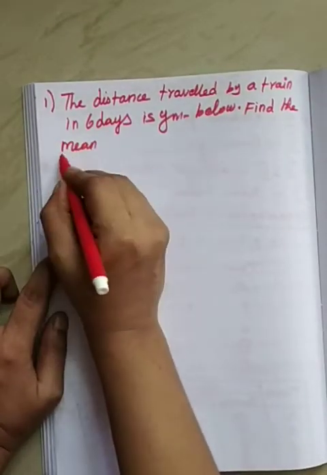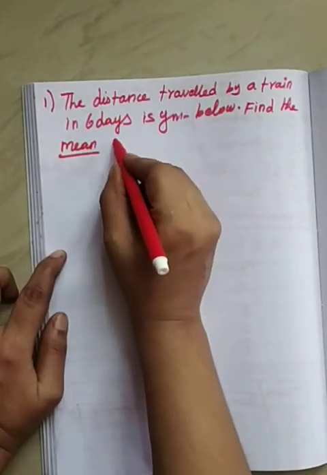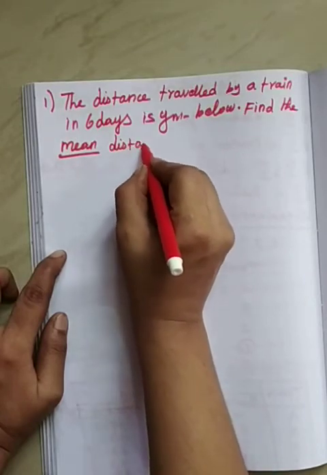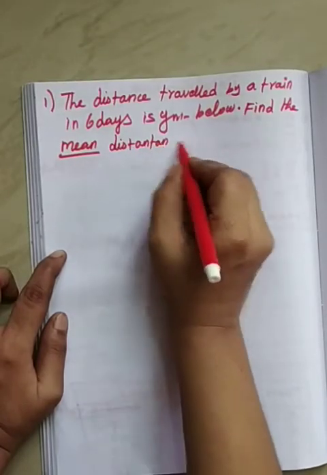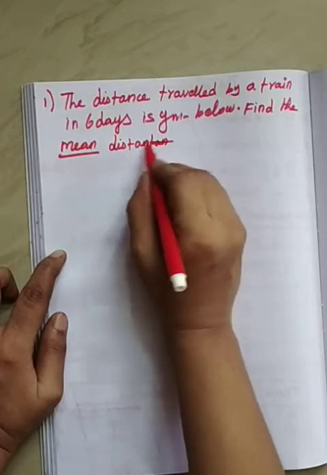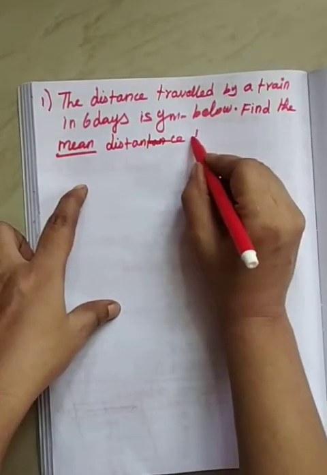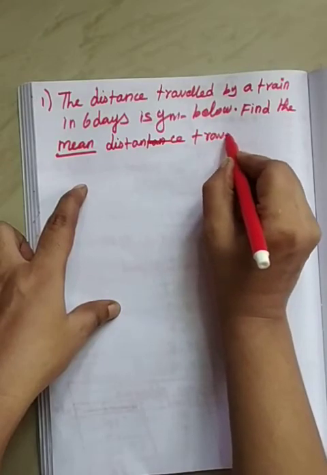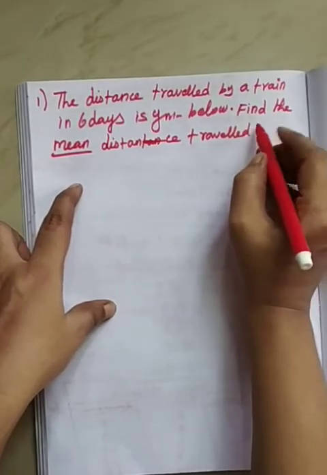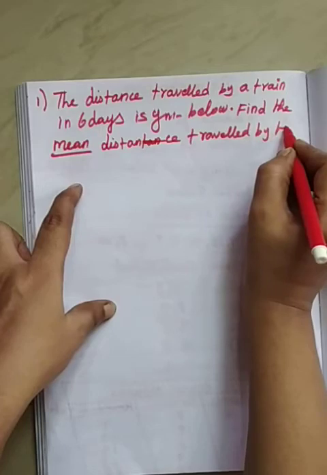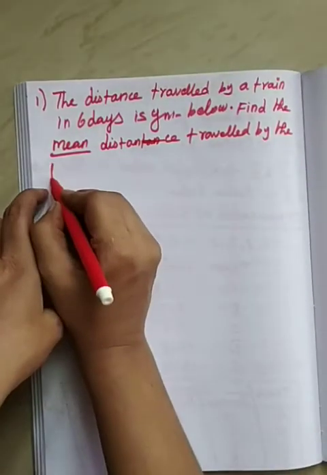Mean. Okay, underline the word mean. Distance traveled by the train.